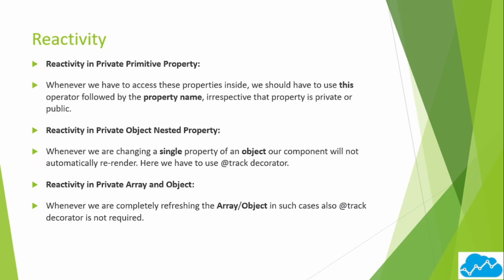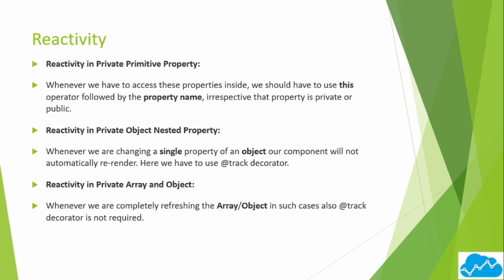What is reactivity? Reactivity in private primitive property. So working with primitive data type, how is it getting reactive? Whenever we have to access these properties inside, we should use this operator followed by the property name. So when we are working with primitive data types, in that case we have to use this keyword followed by the property name.